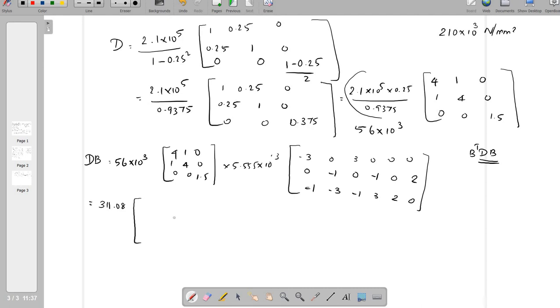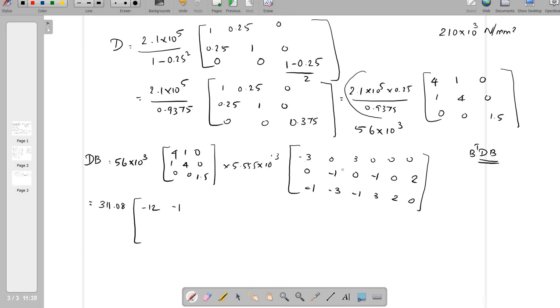First I multiply 4 into minus 3 plus 1 into 0 plus 0 into minus 1. So this row with this column gives minus 12. The first row with the second column, first element is 0, last element 0, so it is minus 1.